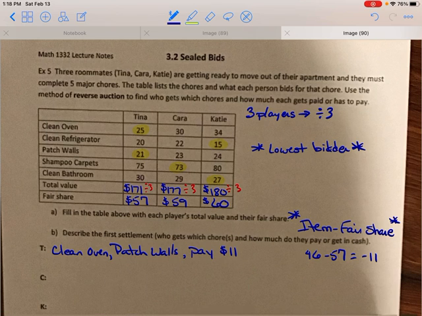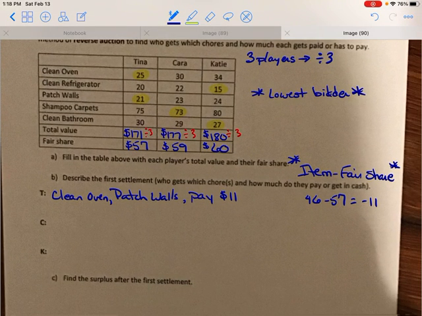Kara is going to shampoo the carpets. Her item is worth $73. She's only obligated to do $59 worth of work. So she is still owed $14, so she's going to get $14.